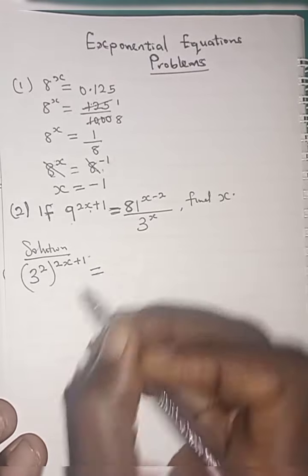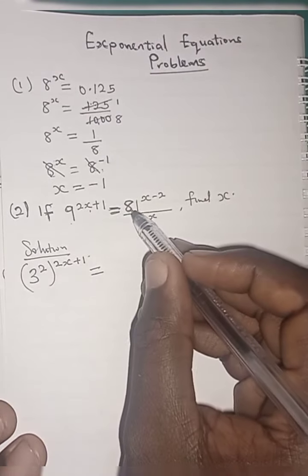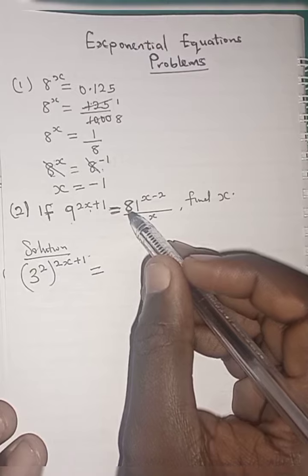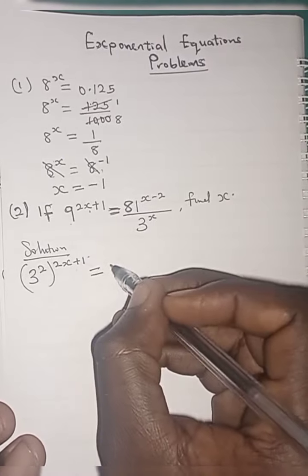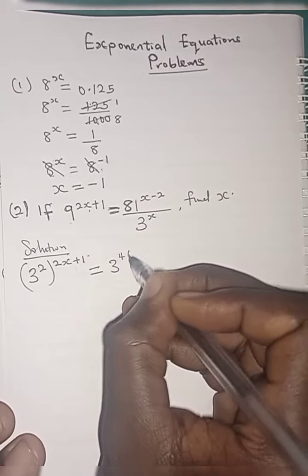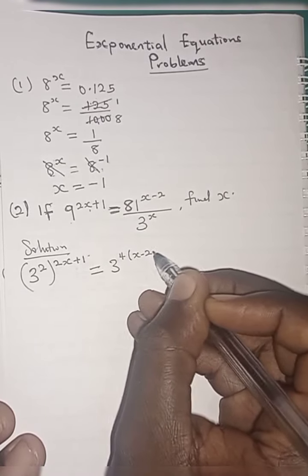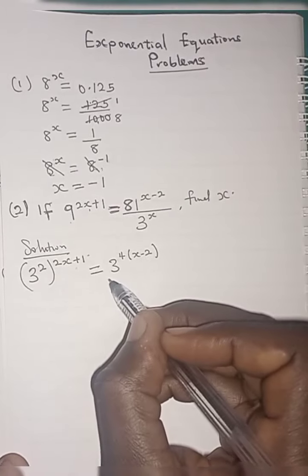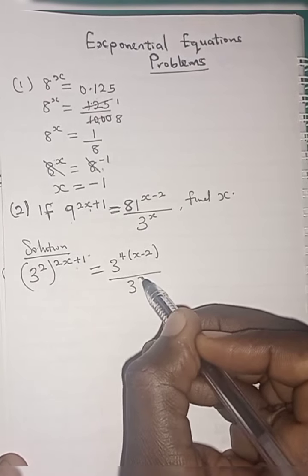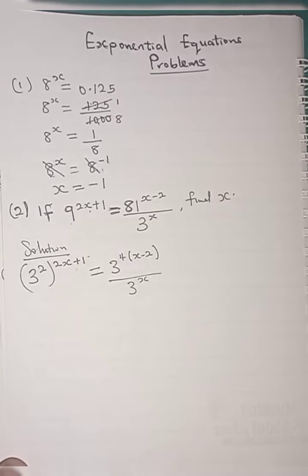Then equals to, what can give us 81? That's 3 times 3, 9, 9 times 3, 27, 27 times 3, 81. That's 3 raised to power 4, open bracket, x minus 2, then all over 3 raised to power x.